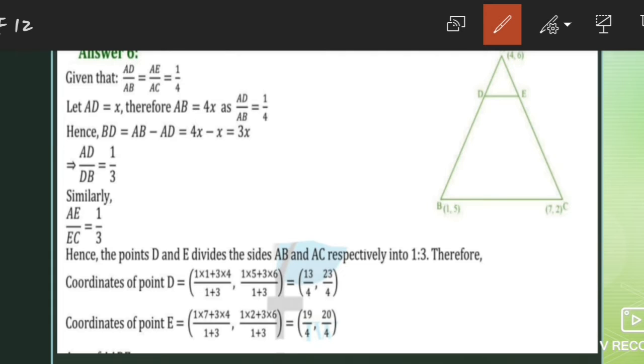Since this part is x and the whole is 4x, the BD part will be 4x minus x, that is 3x.